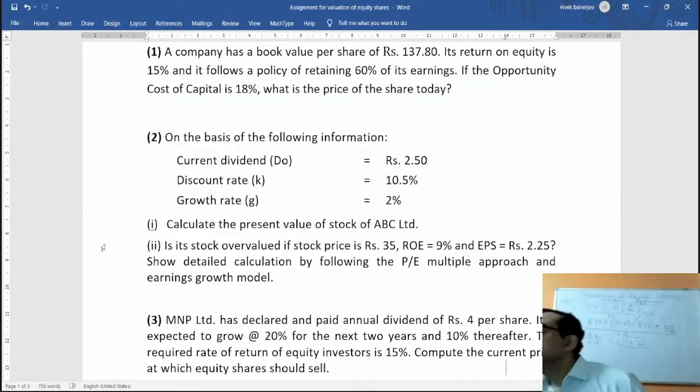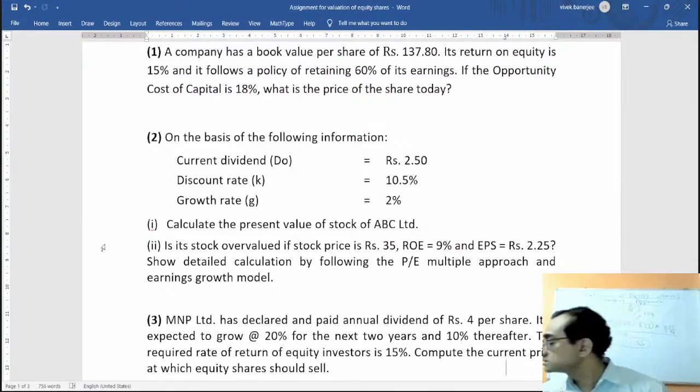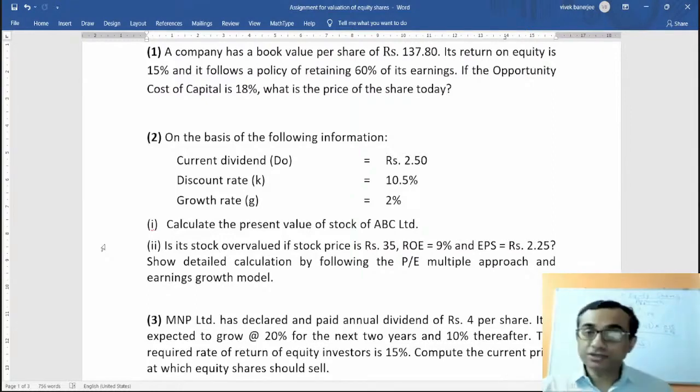Sai, you are getting 122.5 as per the Walter's model or as per Gordon's approach? I think Sai, you check it again at your end. It is coming to 103.35 only. So Sai, I would request you to check it again at your end.